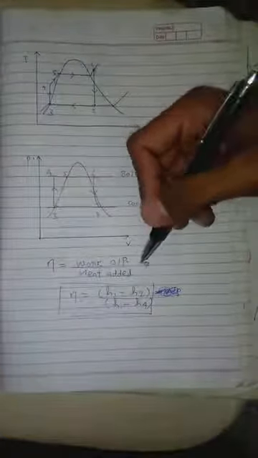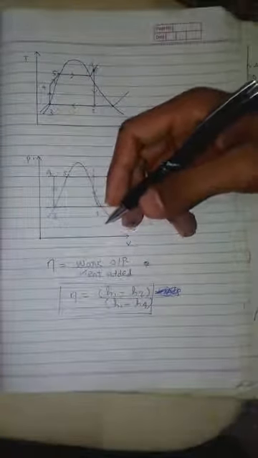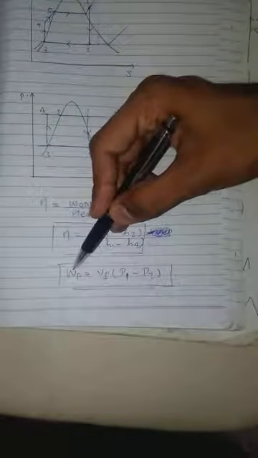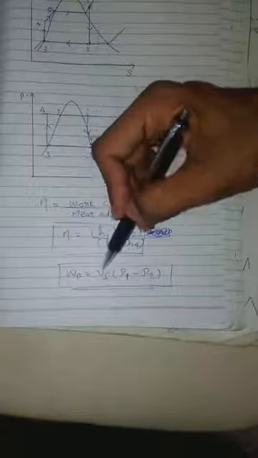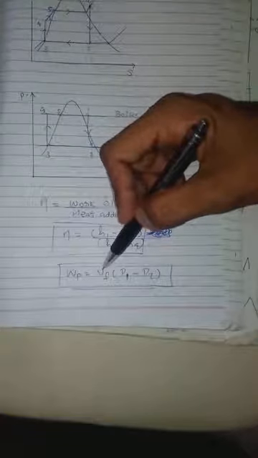But if they tell you to include the pump work, you may include it. And if pump work is not negligible, you need to find the pump work using this equation. WP, which is pump work, is equal to VF, where VF is the specific volume at point 3, because the pump is installed at this point.